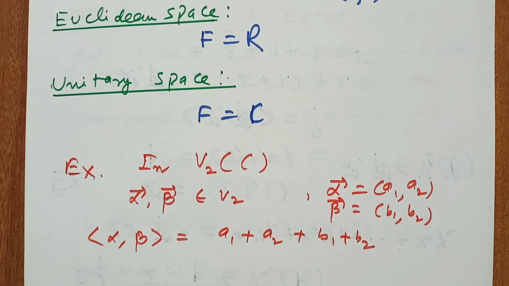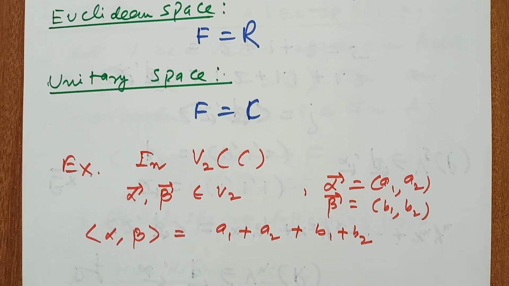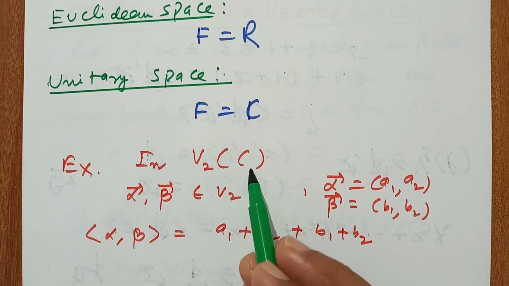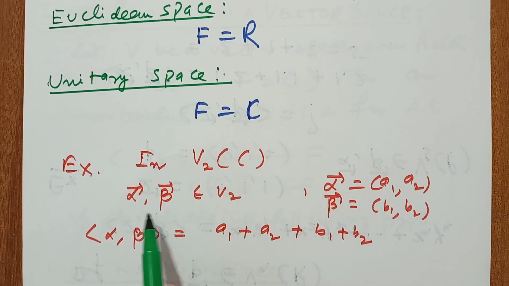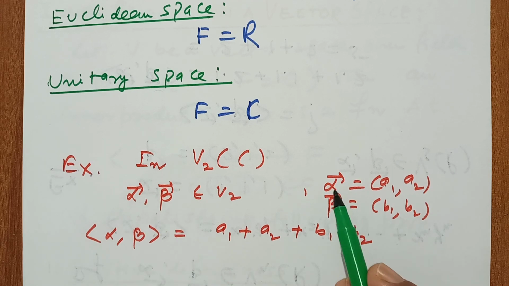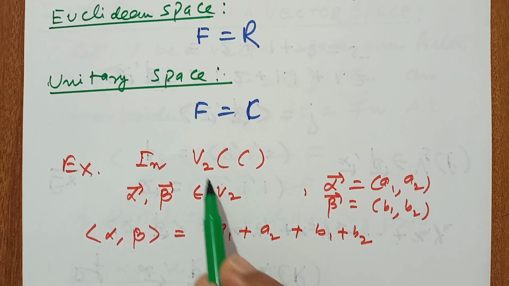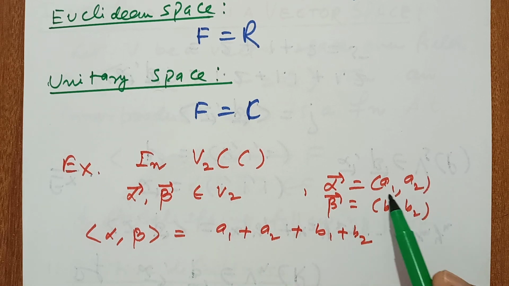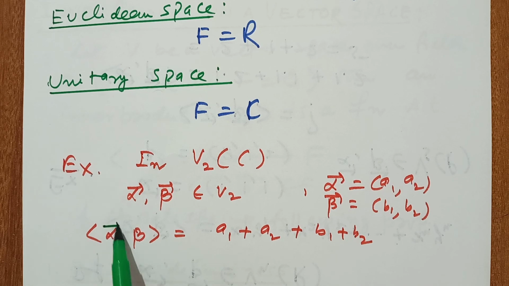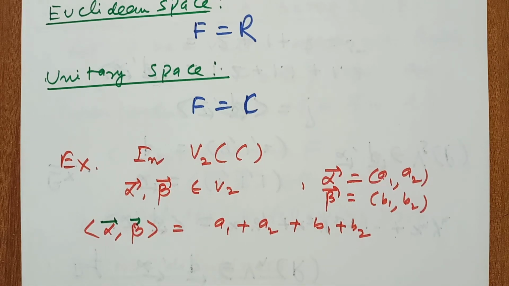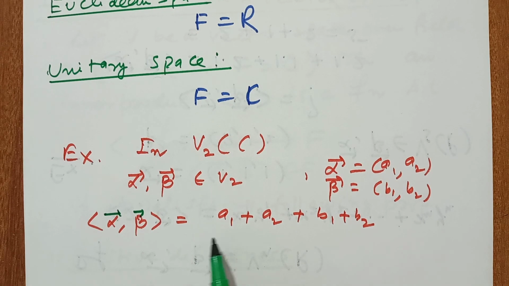Now I am going to explain another counterexample. This is a two-dimensional vector space over complex numbers, and vectors alpha and beta are defined as alpha equal to (a1, a2) and beta equal to (b1, b2), because V is two-dimensional. In this case the inner product is defined as this expression. We test whether this is an inner product or not.